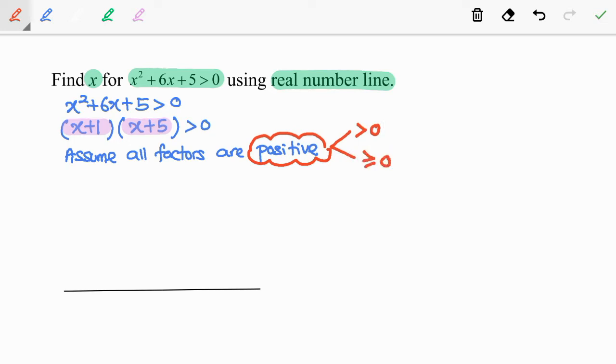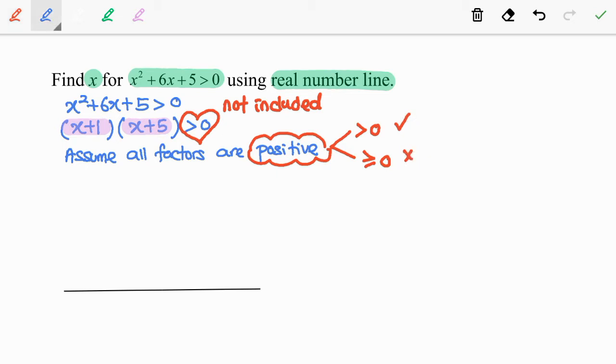So which one to choose? Now we have to refer to the inequalities sign given in the question. Given greater 0 is not included. So since here is not included, therefore we are going to choose greater 0.